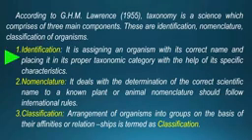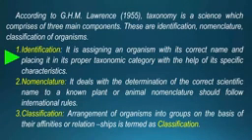What is identification? It is assigning an organism its correct name and placing it in its proper taxonomic category with the help of its specific characteristics. On the basis of these characteristics, identification, here we describe.